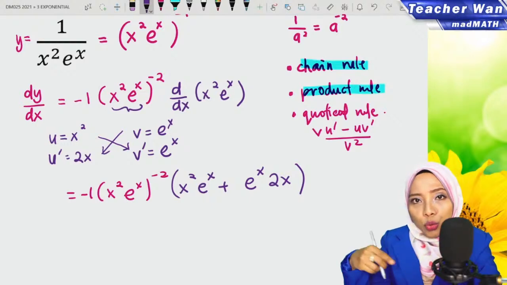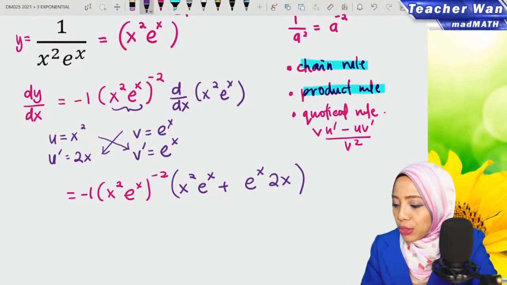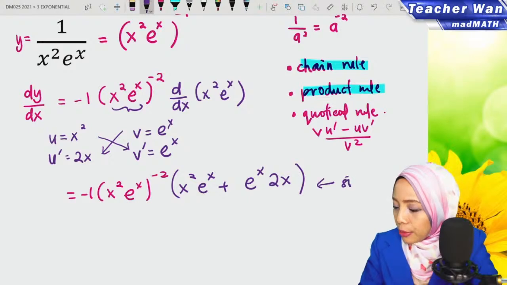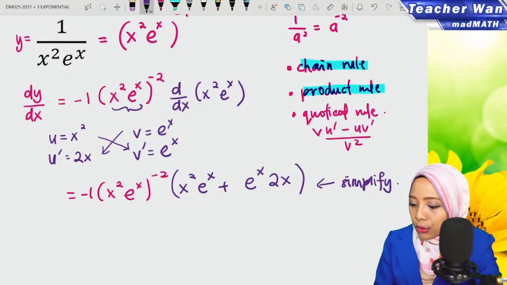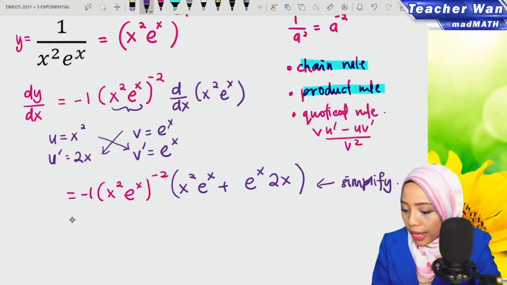But to simplify is the toughest part. So here we have to simplify. Whatever has the power of negative, you put it at the bottom.